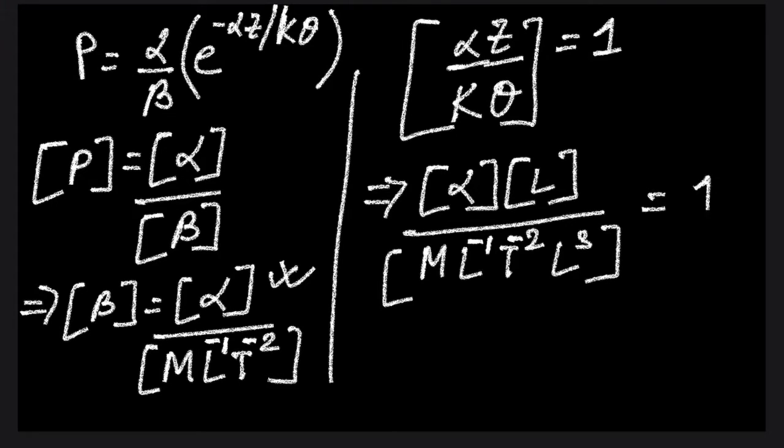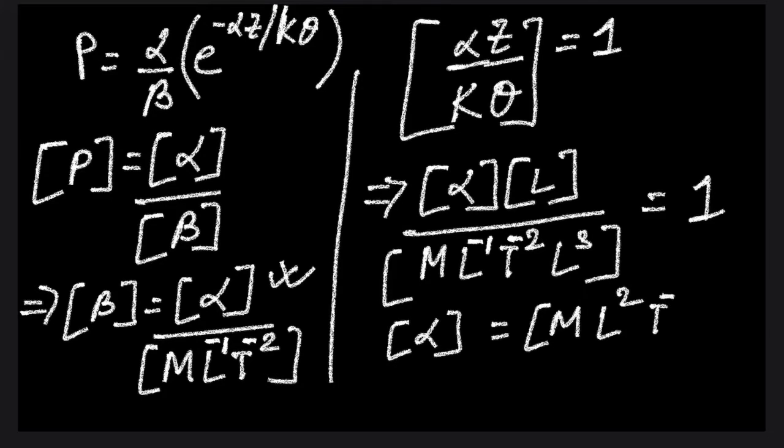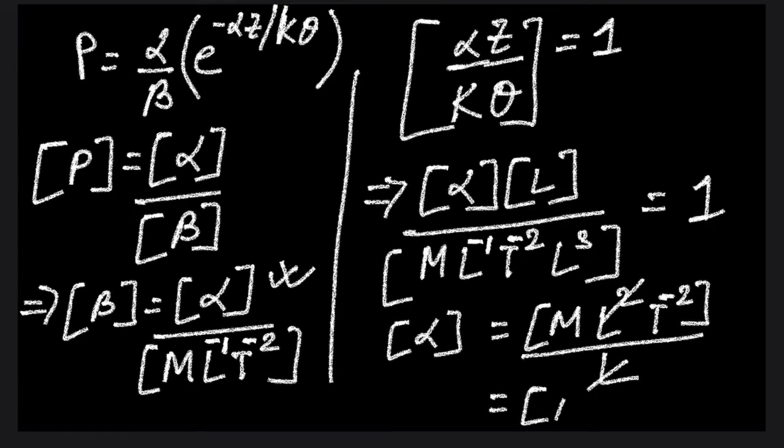All this is equal to 1. Let us solve it. Dimension of alpha is M L to the power of 2 T minus 2 and 1 L over here. So see what I get: M L T to the power of minus 2.